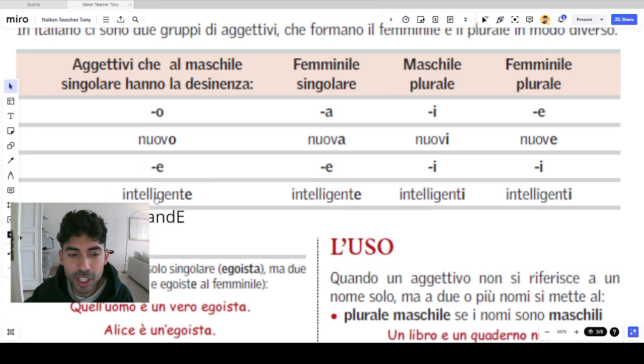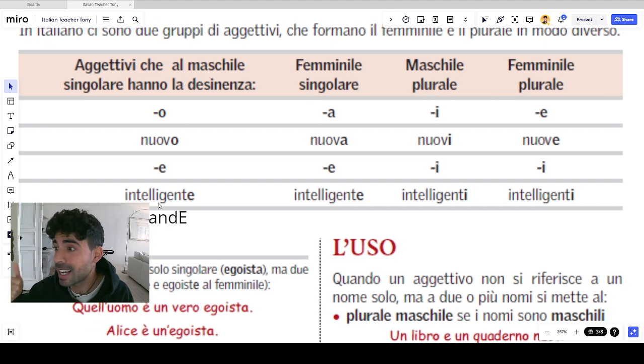So, intelligente will be the same for ragazzo, il ragazzo intelligente, but also for ragazza, la ragazza intelligente. The plural form will also be the same no matter if it's feminine or masculine, but of course will be different than the singular form, and we have it in here.